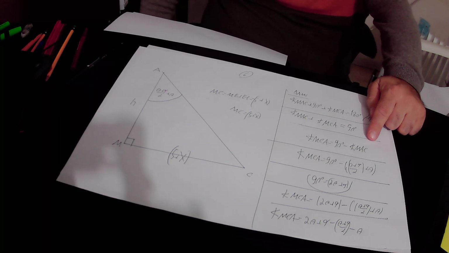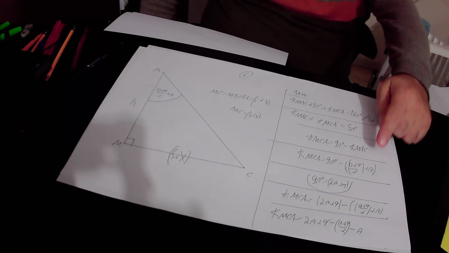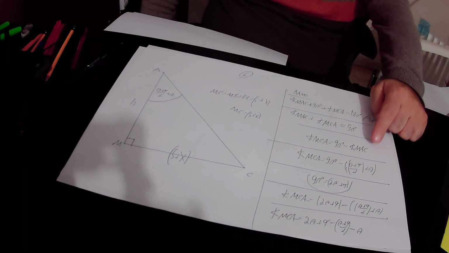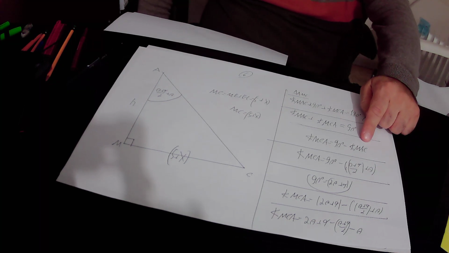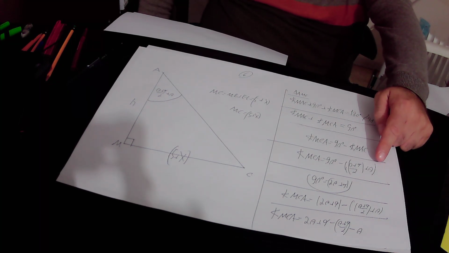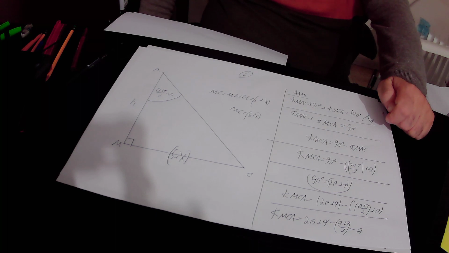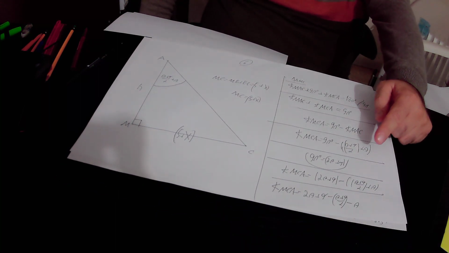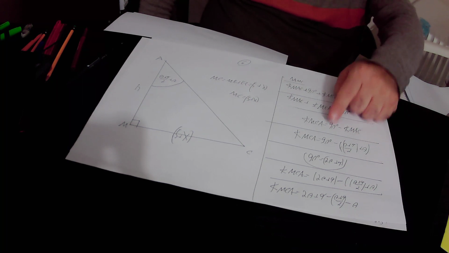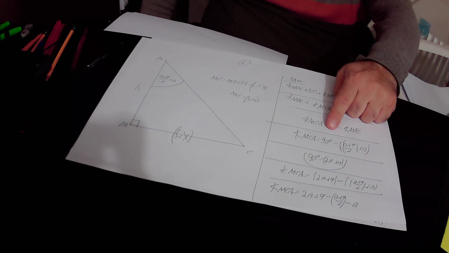So angle MCA equals 90 degrees minus angle MAC, but we have already found that angle MAC equals (theta plus alpha) over 2 plus theta, so we can substitute that for angle MAC. And we have already found that 90 degrees equals 2 theta plus alpha, so we can substitute 90 degrees by 2 theta plus alpha.